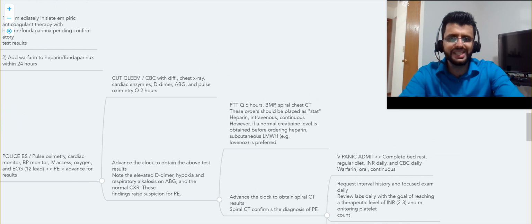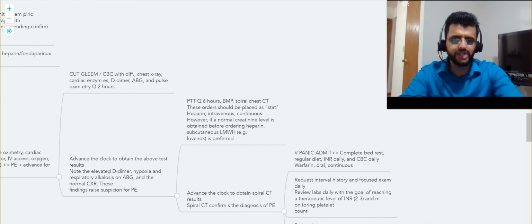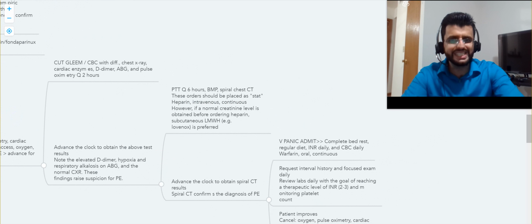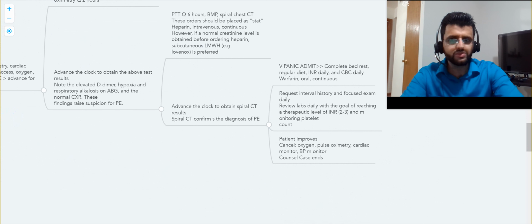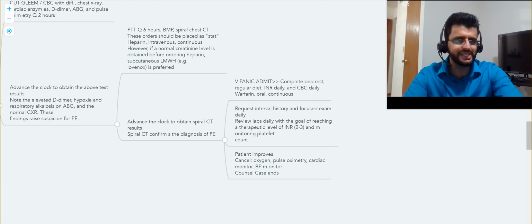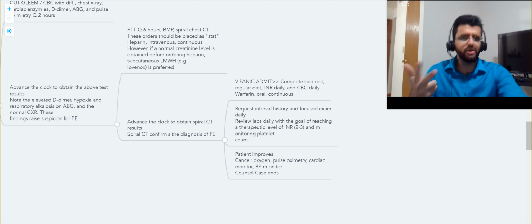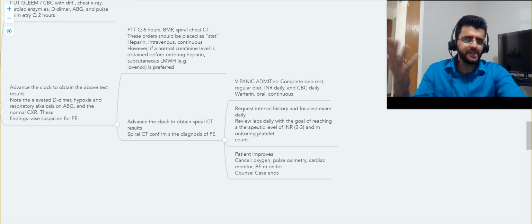Then the CUT GLEAM, with the additional steps cardiac enzyme, ABG, chest x-ray. PTT was additional, spiral CT scan was additional, and Lovenox. When we admit, V PANIC is the same for every case. The additional stuff is INR daily, CBC daily, and warfarin orally. That's it.